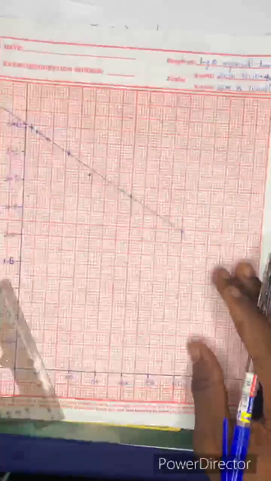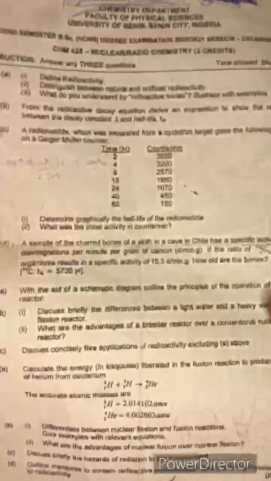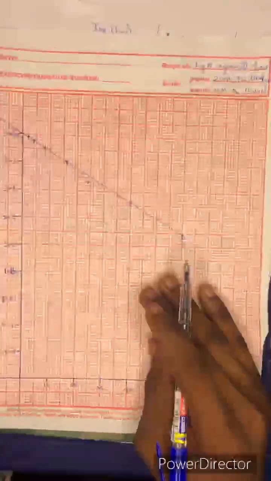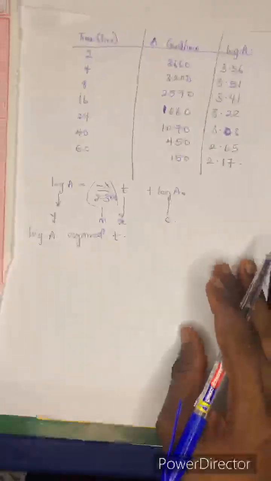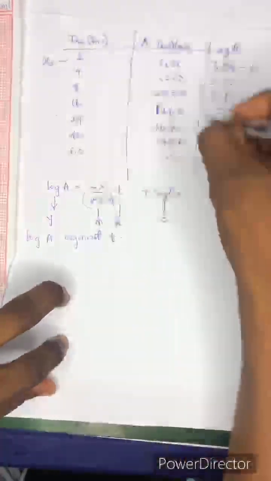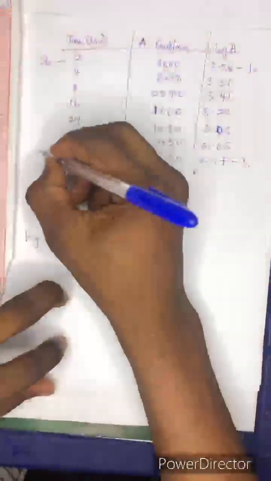Now, the question there, are we seeing it? The question says determine graphically the half-life of the radionuclide. Then the second question says, what is the initial activity in counts per minute. So first of all, let's determine graphically the half-life. To do that, you have to first of all find the slope. And don't forget, I told us how to get slope. Just take this as y2, take this as x2, and take this as y1, take this as x1.